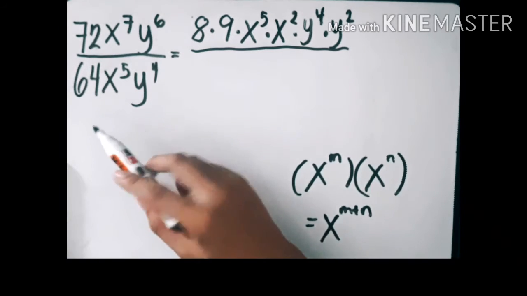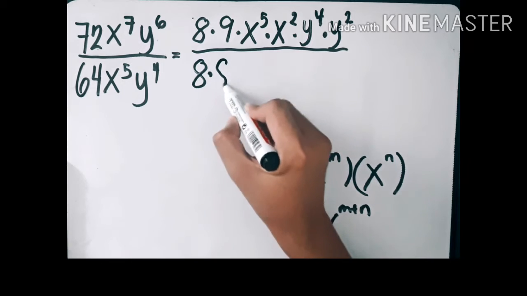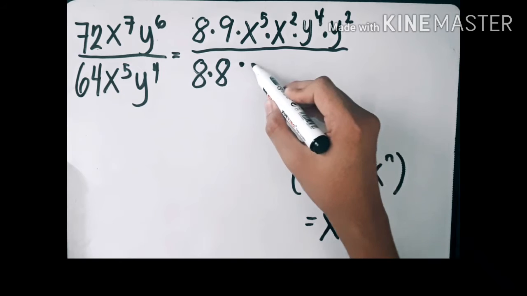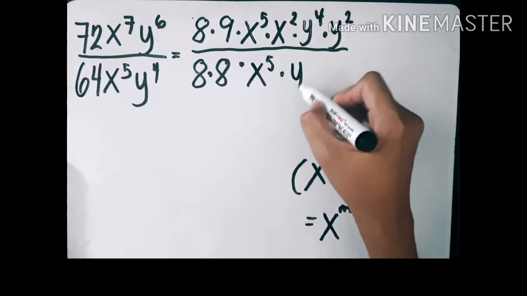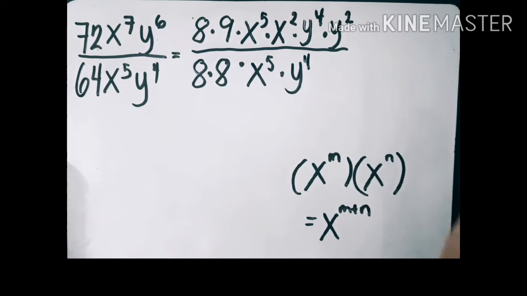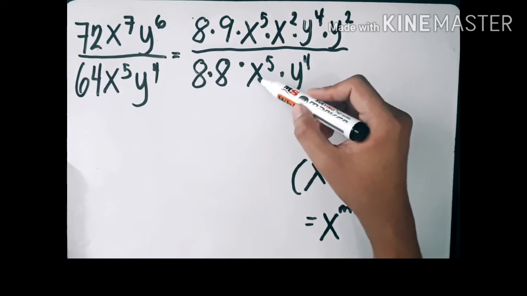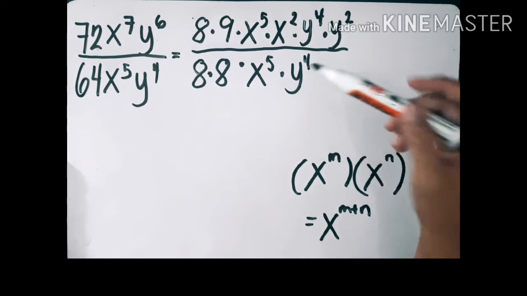Next is 64. 64 is actually 8 multiplied by 8 and multiplied by x raised to 5 multiplied by y raised to 4. So ito pwedeng hindi na natin siya i-spread kasi pwede naman natin na siyang i-cancel since meron na siyang kapareho sa numerator.